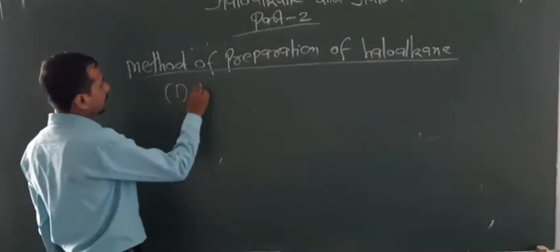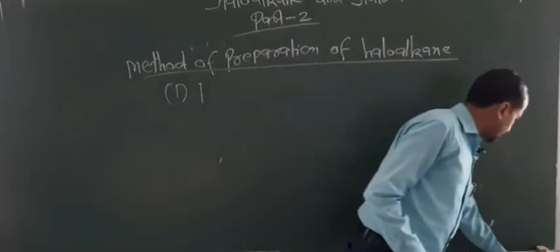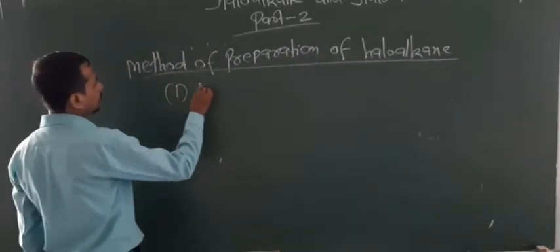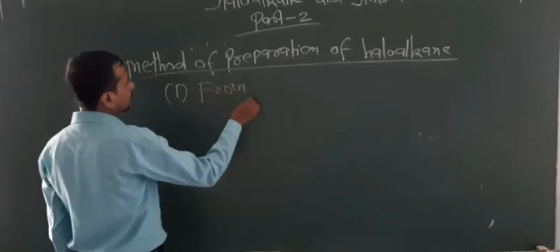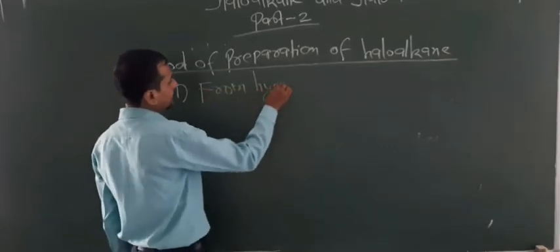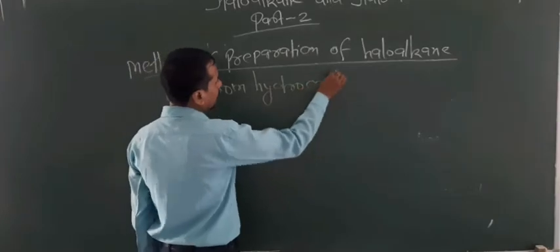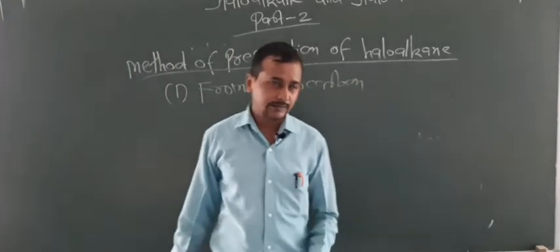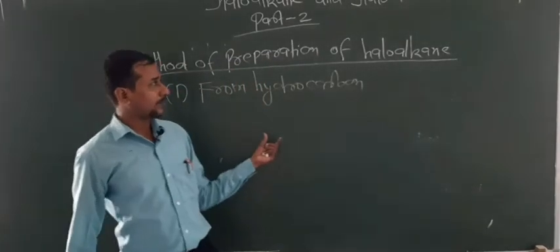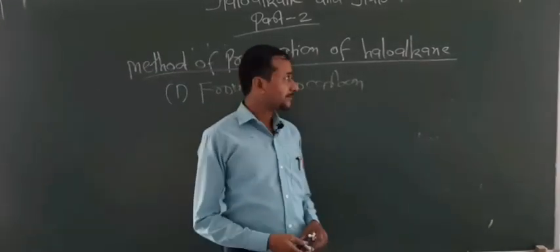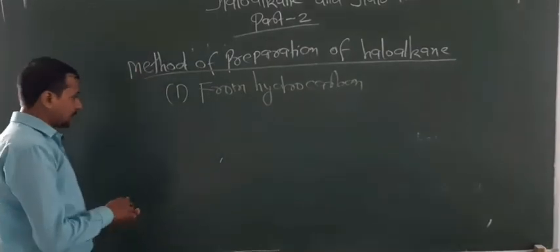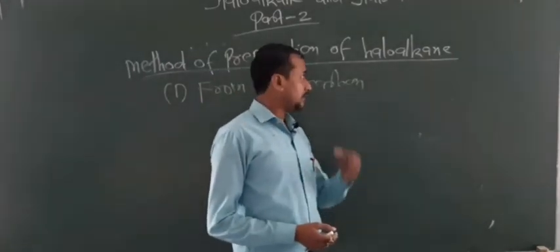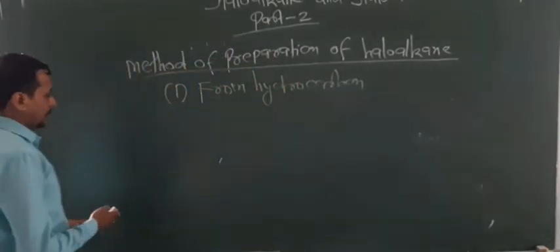First of all, we have to start from hydrocarbons. Basically here there are alkanes, alkenes and alkynes, but to prepare the haloalkane we can use alkanes, alkenes or alkynes.